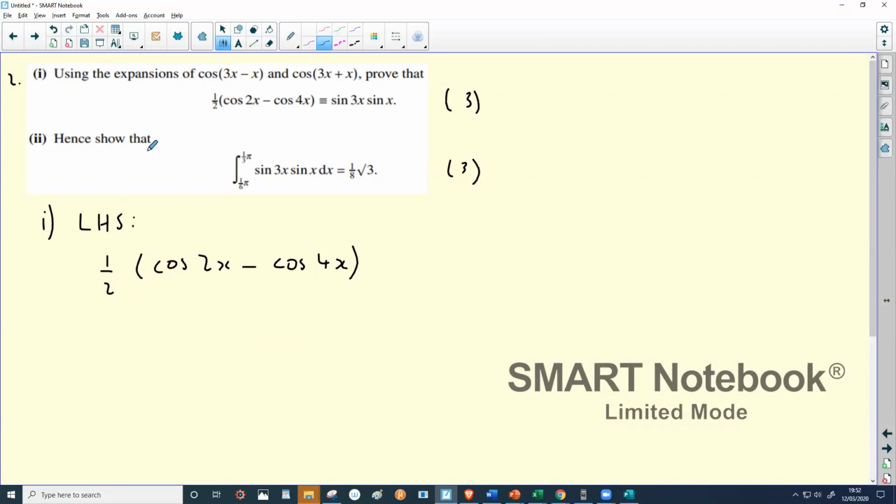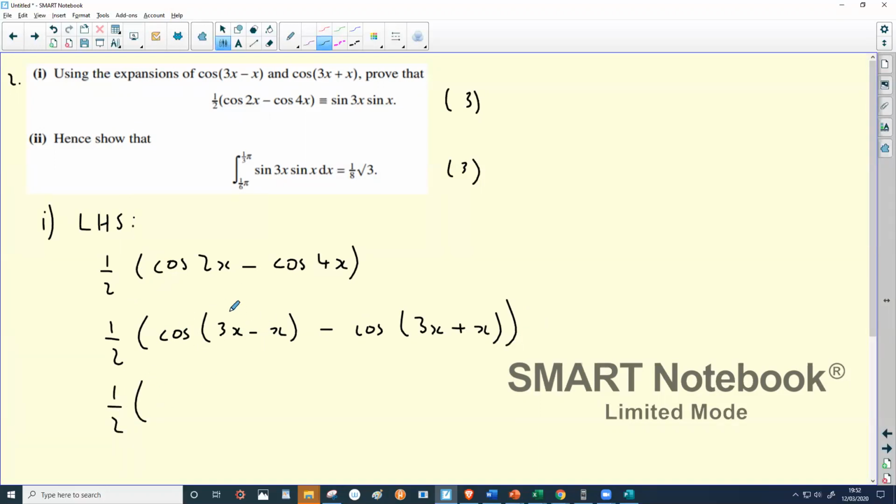But we've been asked to use the expansions on the line above. So now I'm going to write cos 2x as cos(3x − x) minus cos(3x + x). And slowly I'm going to build this up.